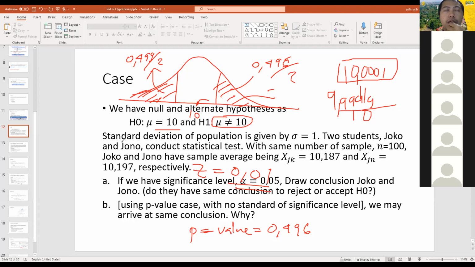Tadi misal contohnya adalah hasil observasinya si Joni itu 10,001. Dari sini kita mendapatkan nilai Z. Okay. Yeah, thank you, Hanif. I make a correction here.